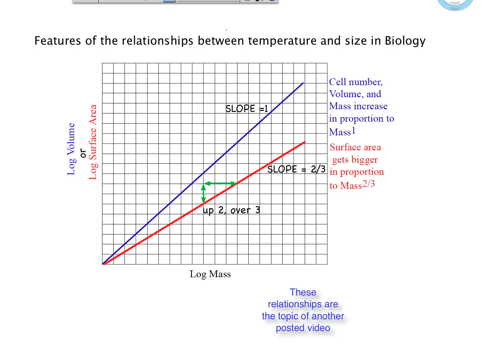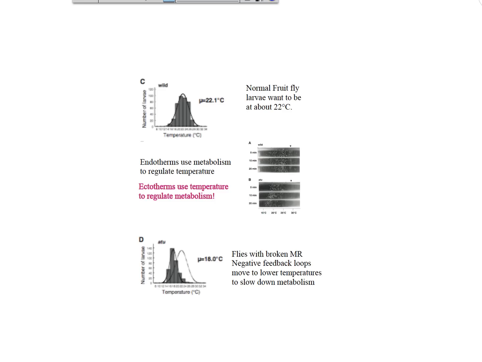So although surface area gets bigger as animals get bigger, it doesn't do so as quickly as does volume, and therefore the bigger the animal, the lower the surface area to volume ratio.